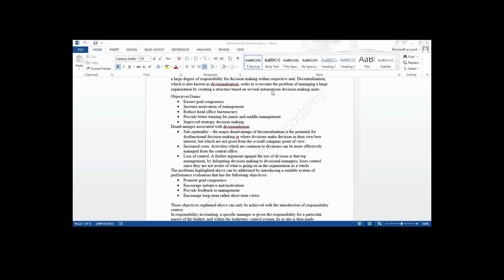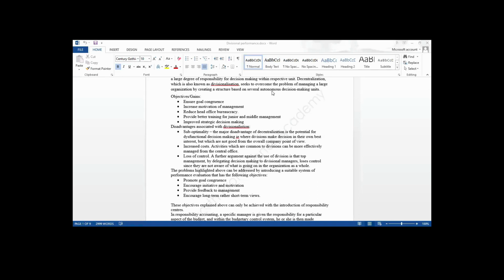You know, it's very possible where a divisional manager, because head office cannot see what they do. Look at the illustration we gave. Dangote cement factory is in Benue State. The corporate head office is in Lagos.